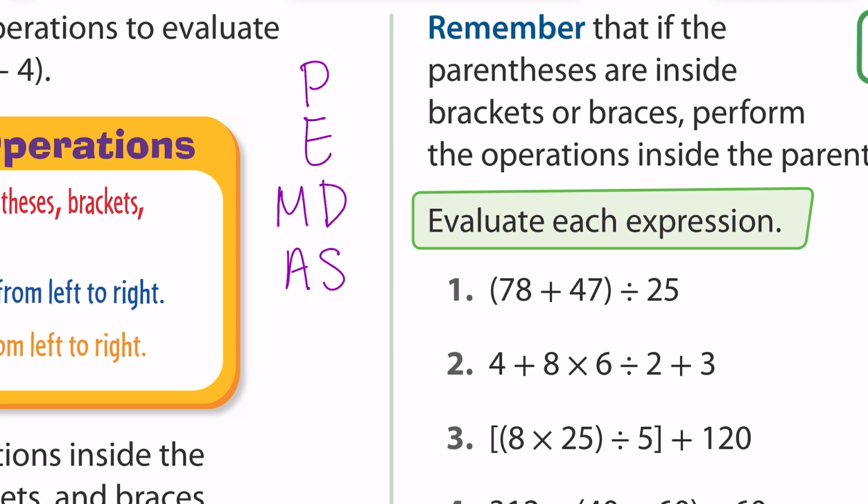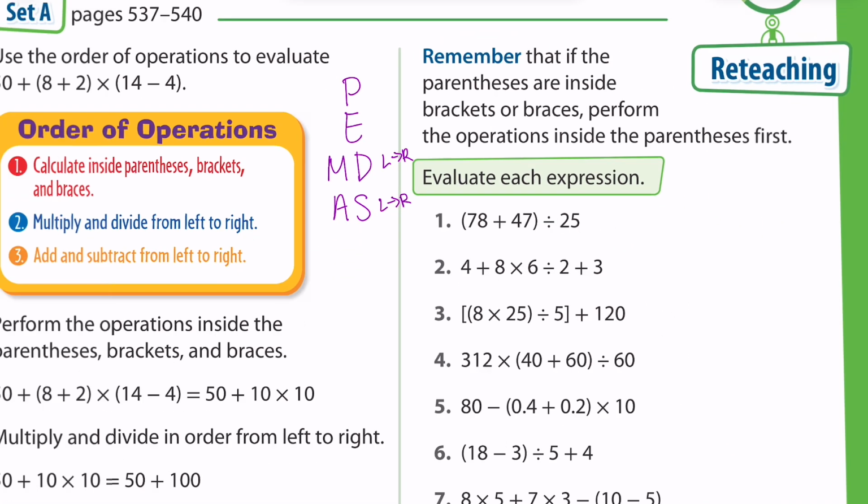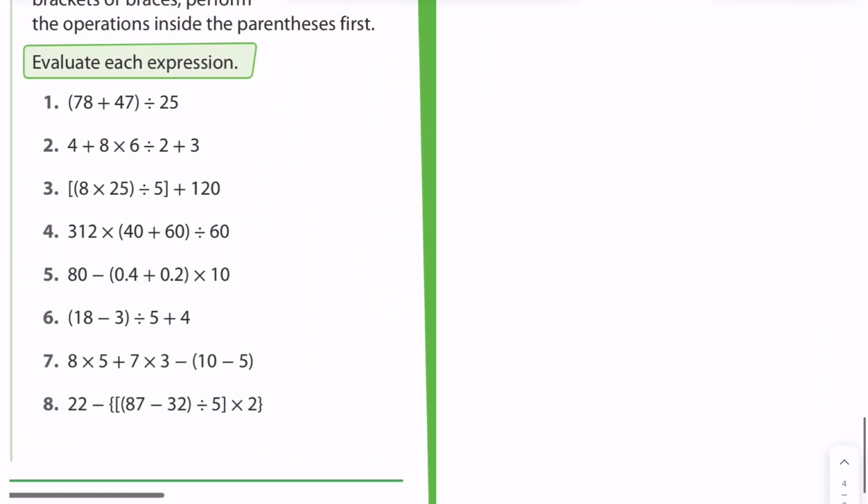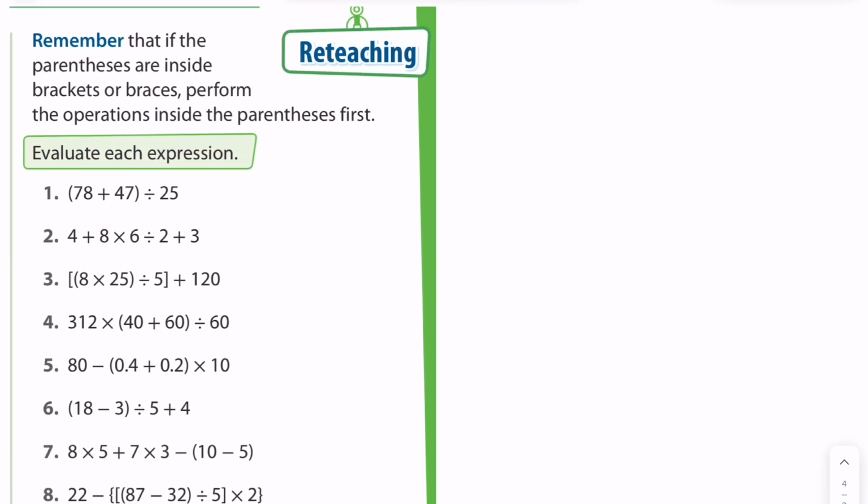Remember, parentheses, exponents, multiplication and division, left to right, and addition and subtraction, left to right, whatever comes first. So I have copied these down here so that I have more room to work them out with you. And I want you guys writing this down. Make sure you have scratch paper so that you can take it home with you.